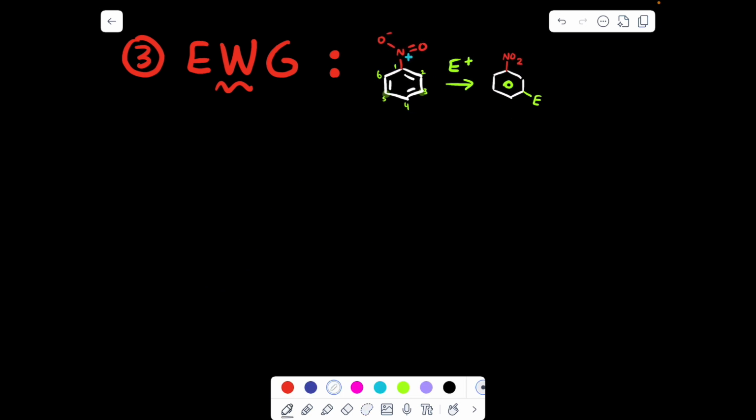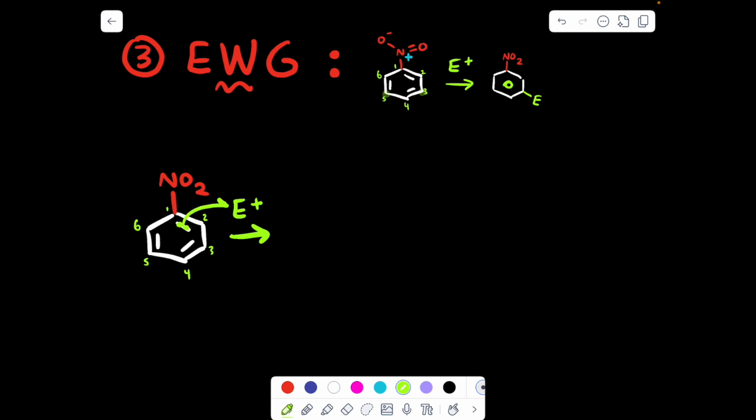And to prove why the E is not going to add to the ortho position or the para, let's just try to add the group there and see what happens. So labeling our carbons 1, 2, 3, 4, 5, 6, let's add in some electrophilic group, and let's try to add it on to carbon number 2 and see what happens.